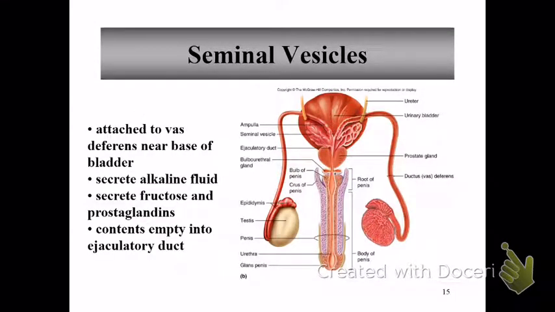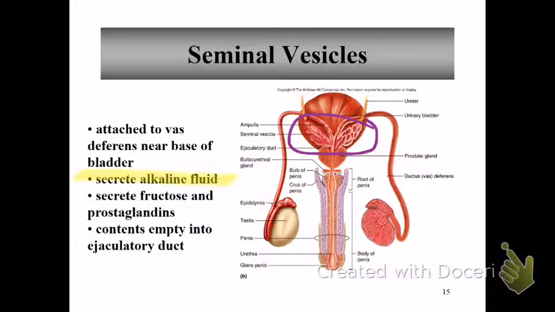Okay, seminal vesicles, that's this part up here. You can see them right here. There's the eyes to the angry bird, right? Okay, attached to the vas deferens near the base of the bladder, they secrete an alkaline fluid. Sperm are acidic. They're going to make the sperm more basic.